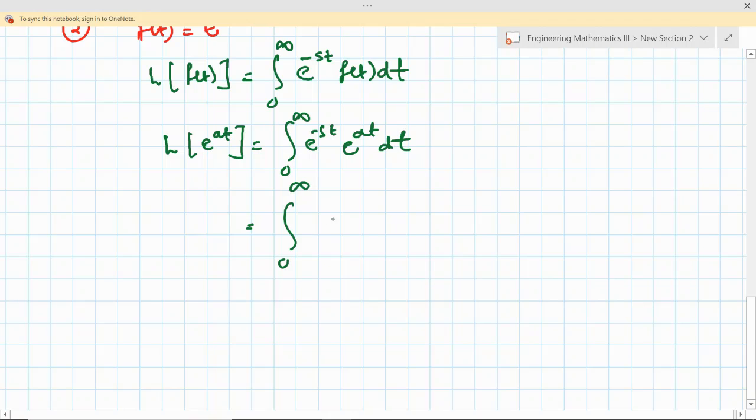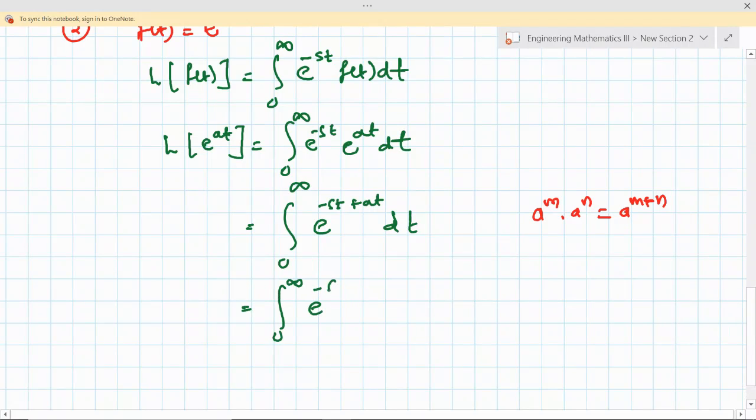We have the result a raised to m into a raised to n is equal to a raised to m plus n. So what will happen with this? It is e raised to minus st plus at into dt. We can take the minus sign common in the power of e, and it becomes e raised to minus s minus a into t dt.